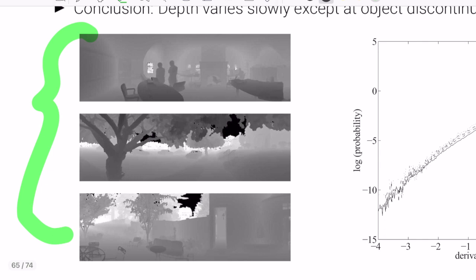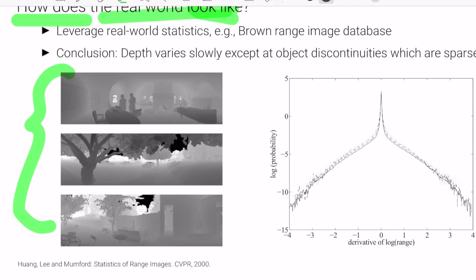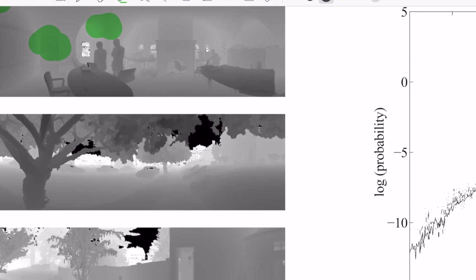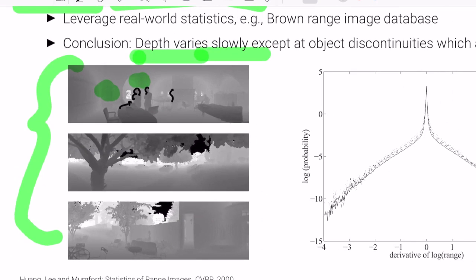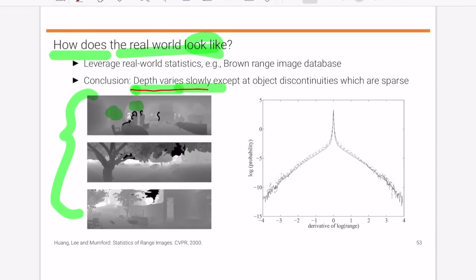As you can see here, depth information varies slowly, like this, except for depth boundaries, for example.